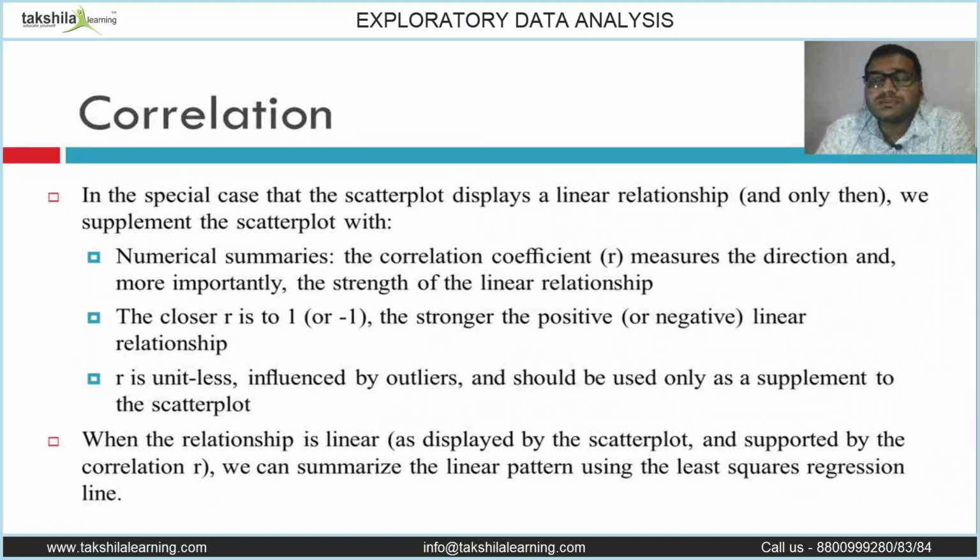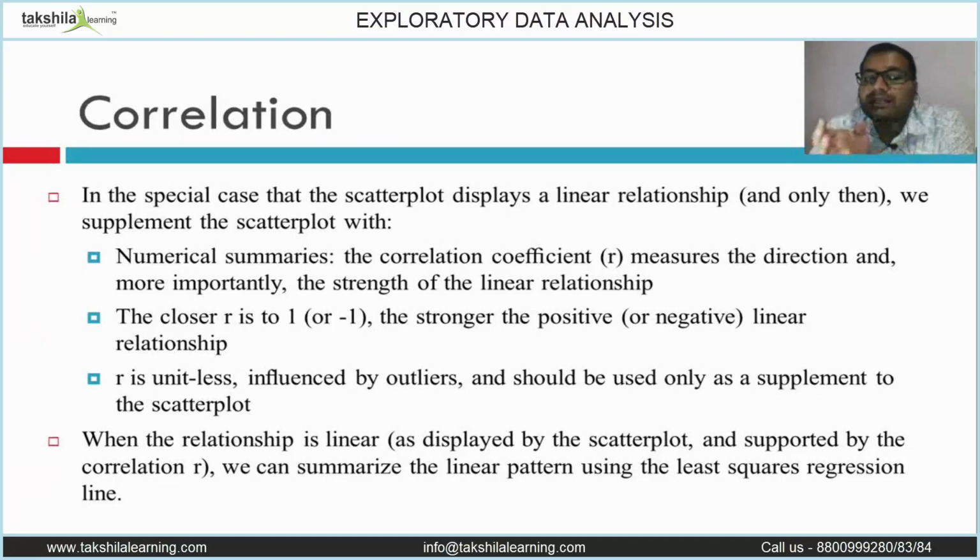Now we have correlation, a very important term when it comes to checking how one variable is related to others. It is a special case where the scatter plot displays a linear relationship, and only then can we supplement the scatter plot with a numerical summary. The correlation coefficient measures the direction and, more importantly, the strength of the linear relationship. The correlation coefficient lies between -1 and 1.